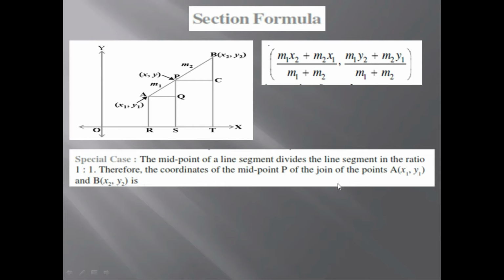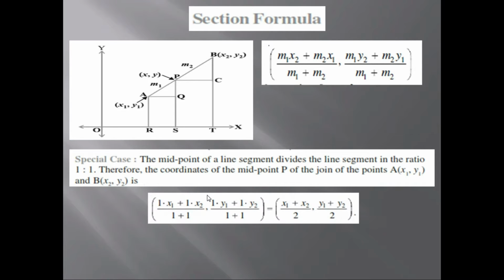Therefore the coordinates of midpoint P of the join of the points A, that is x1 comma y1, and B, that is x2 comma y2, are x1 plus x2 upon 2 and y1 plus y2 upon 2, and this is known as the midpoint formula.